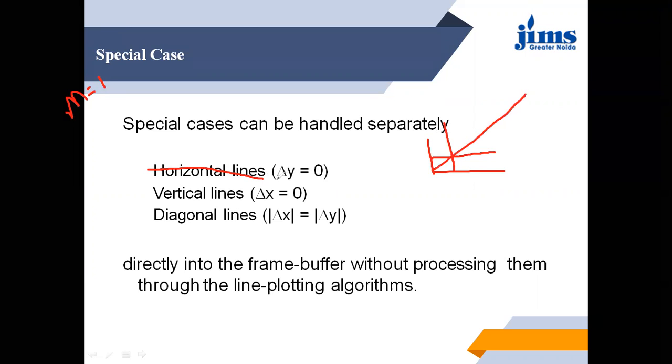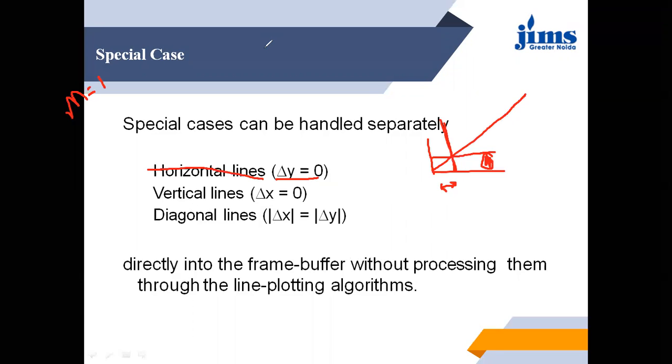In horizontal lines, the value of delta y is always 0. In a vertical line, the value of delta x is always 0. While in the case of a diagonal line, the values increase in parallel.